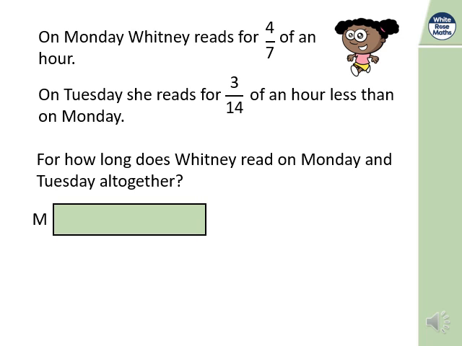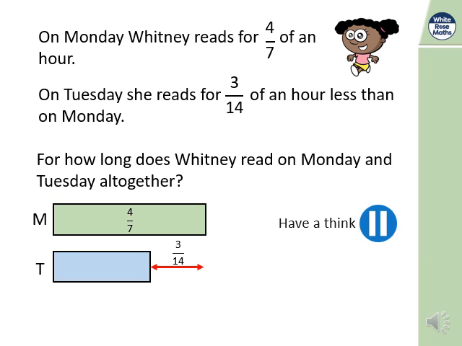So we know that on Monday, Whitney reads that much, and on Tuesday she reads that much. So we're going to use the bar model to help us. She reads 4/7 on Monday, and we know that she reads 3/14 less on Tuesday.